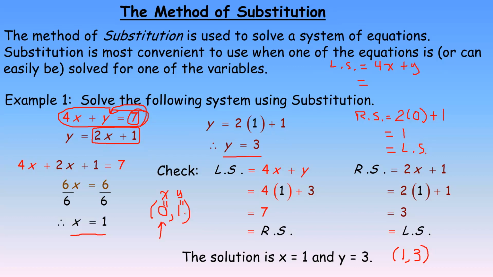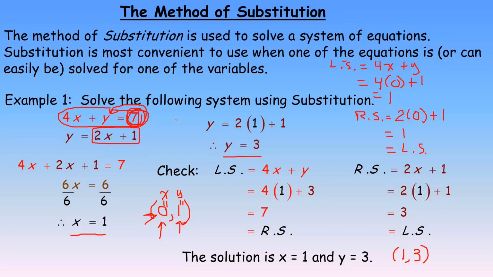So I think for some reason that my x is 0 and my y is 1. So I'm going to put 0 here in place of the x in my equation. So 4 times 0 plus, I think that y is 1 for some reason. So 4 times 0 is 0 plus 1 is 1. But you see, it doesn't equal the 7.